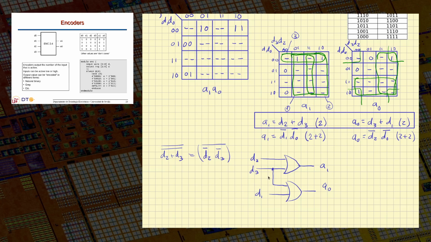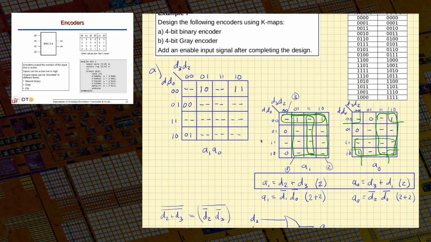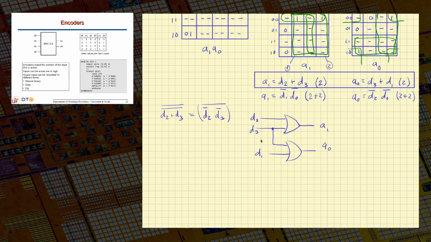Now the problem says to add an enable signal after doing the design. We can do it as we did for the decoder, okay? The easiest way to do it, there are many options now for the enable.